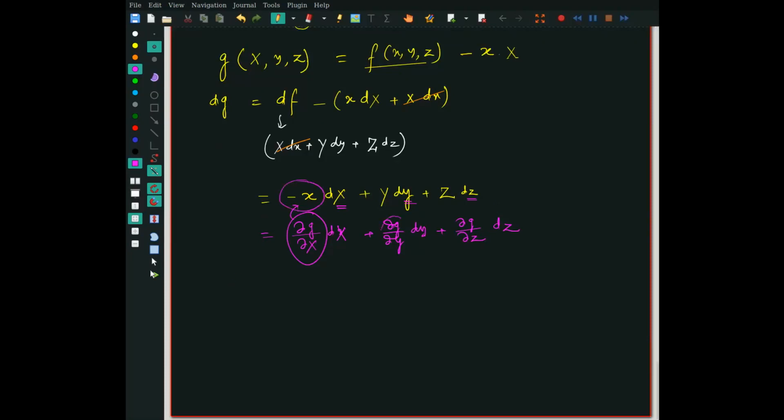Since you did not do anything with the y and the z part, it stays the same as for the f function. So del g del small y still equals capital Y, and del g del z equals capital Z.